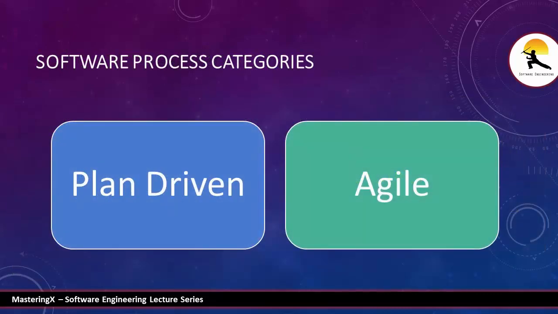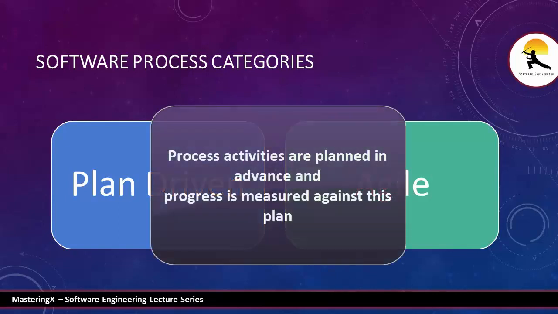Professional software development is a managed activity, so planning is an inherent part of all processes. Plan-driven processes are processes where all of the process activities are planned in advance and progress is measured against this plan.